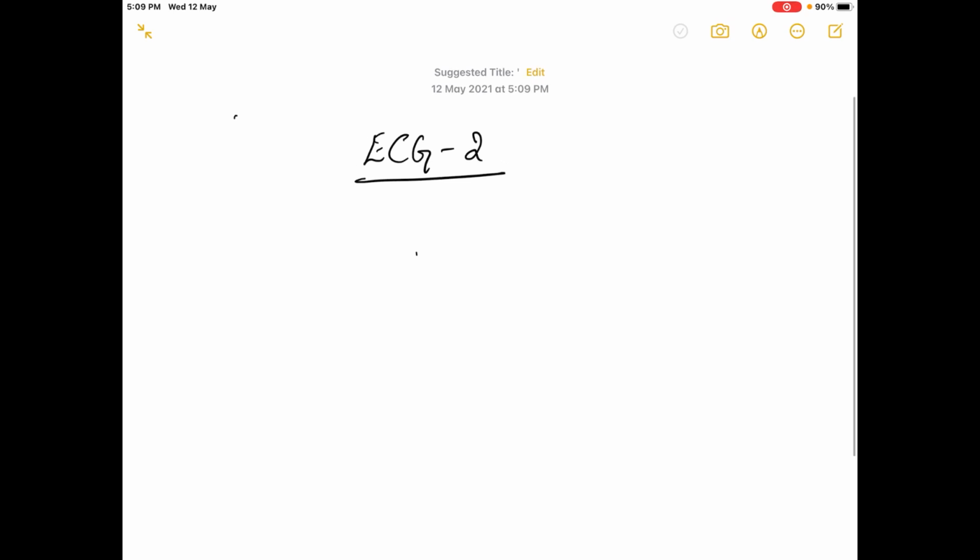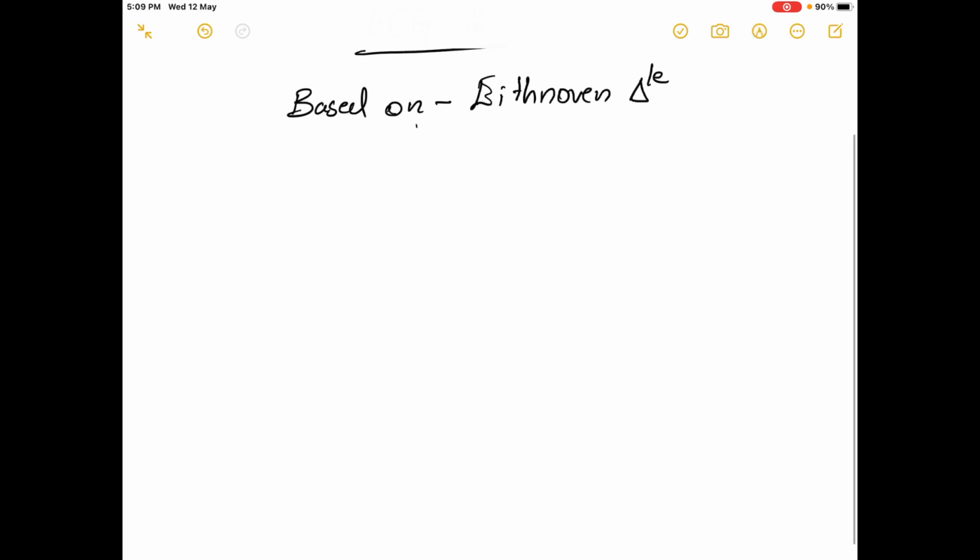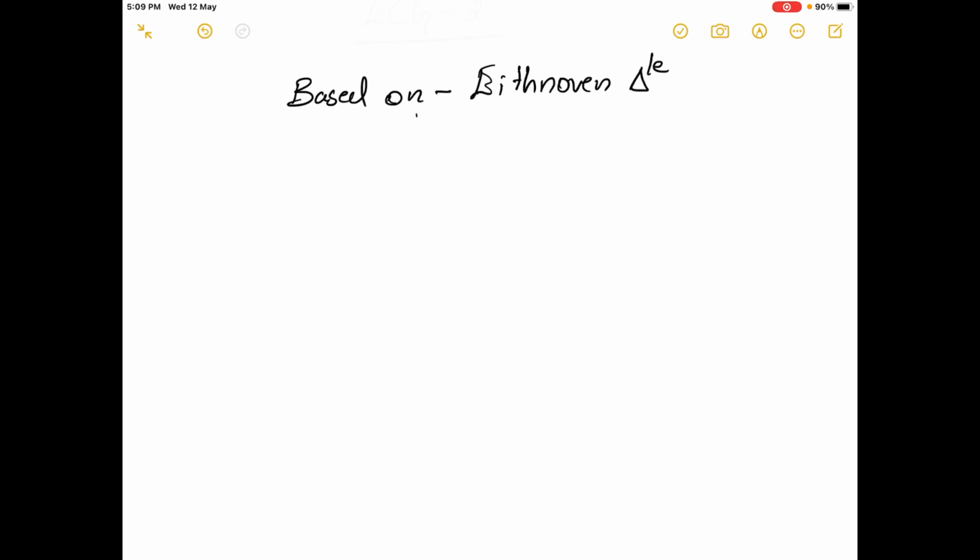ECG leads are connected based on the principle of Einthoven's triangle, where a triangle is formed using the human body with the heart at the center, and the electrical activity of the heart is measured. Basically, ECG leads are of three types.